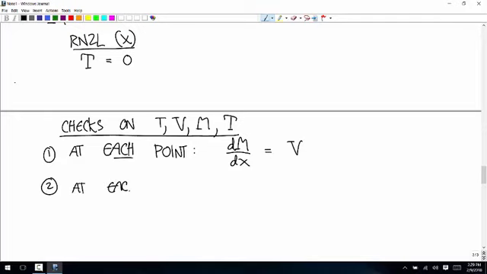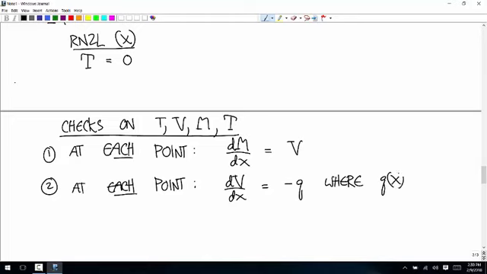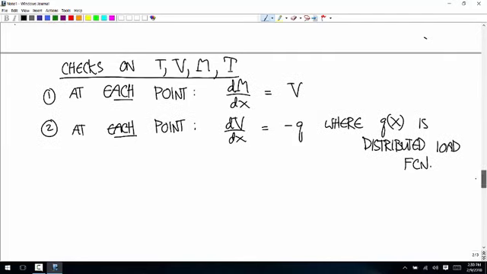Also at each point, the derivative of the shear force with respect to x is negative q, where q of x is the distributed load function. I'll go through all these with the example after I'm done with this.